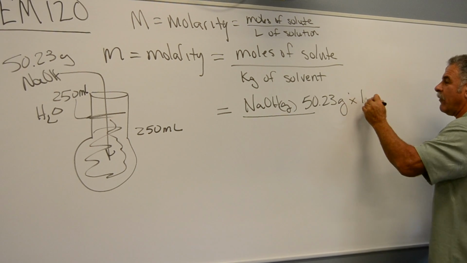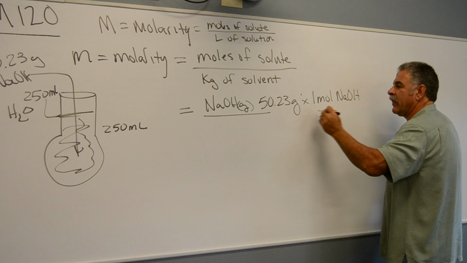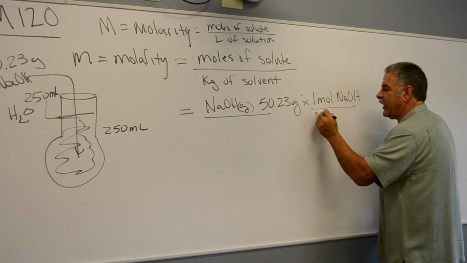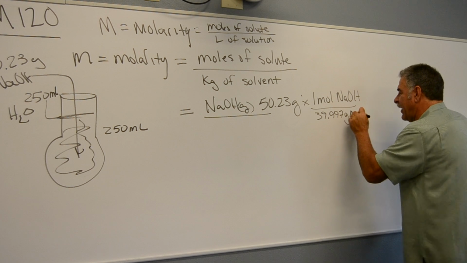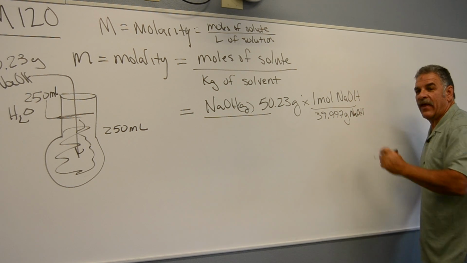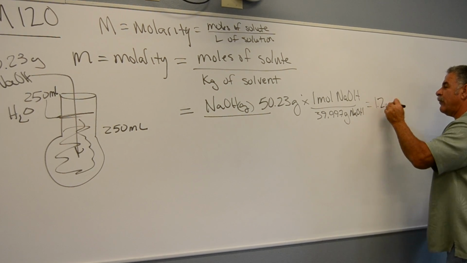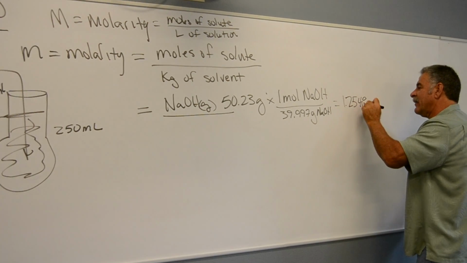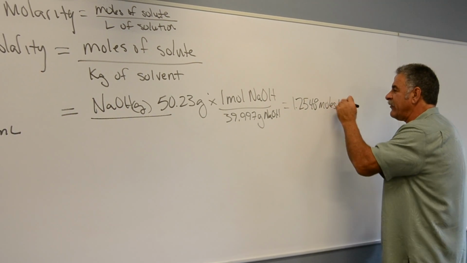We're going to convert that to moles because 1 mole of NaOH is 39.997 grams of NaOH, and that converts to 1.2548 moles of NaOH.